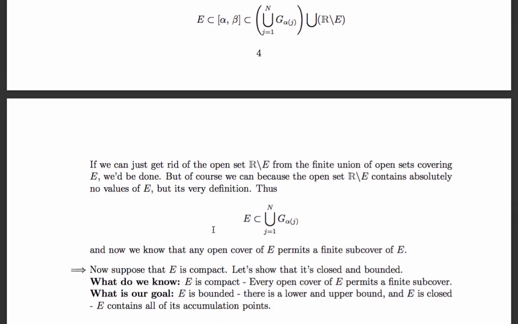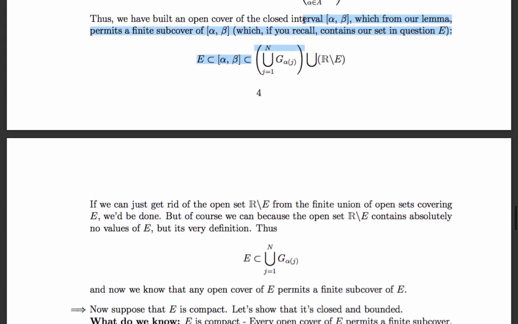So, I can get rid of it. Why? Well, E is contained in this joined to the complement of E. By the way, the complement of E means every number not in E. So there's no element of E that's in the complement. Meaning if E is in the union of this and this, it must be contained in just this, because it's got nothing here.